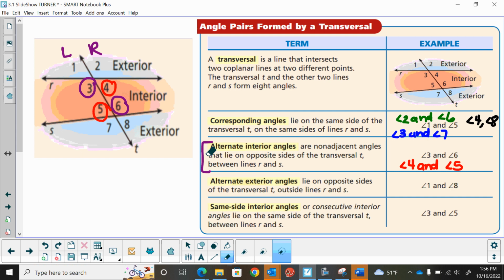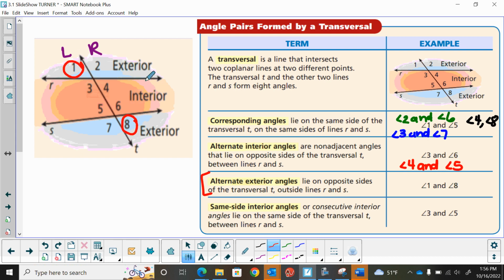All right, then we go to alternate exterior. So kind of the same idea, alternate meaning opposite sides of the transversal, but now we're in the exterior. So we're focused on 1, 2, 7, or 8. So 1 and 8 would be one pair. Angle 1 is on the left, angle 8 is on the right.